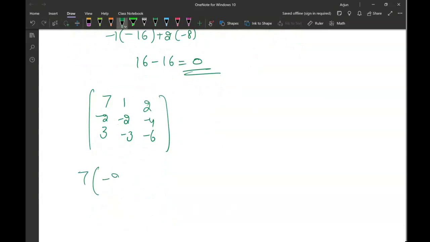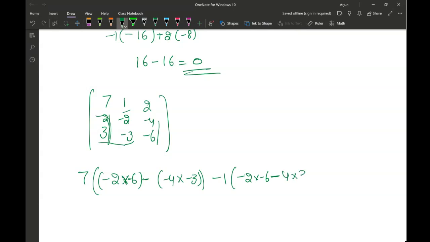So 7 times minus 2 times minus 6, minus minus 4 times minus 3, and minus 1 times minus 2 times minus 6 minus 4 times 3, and then plus 2 times minus 2 times minus 3 minus 2 times minus 3.